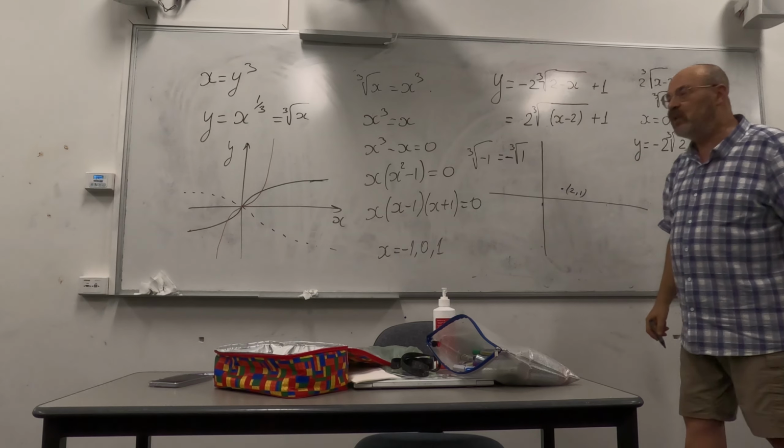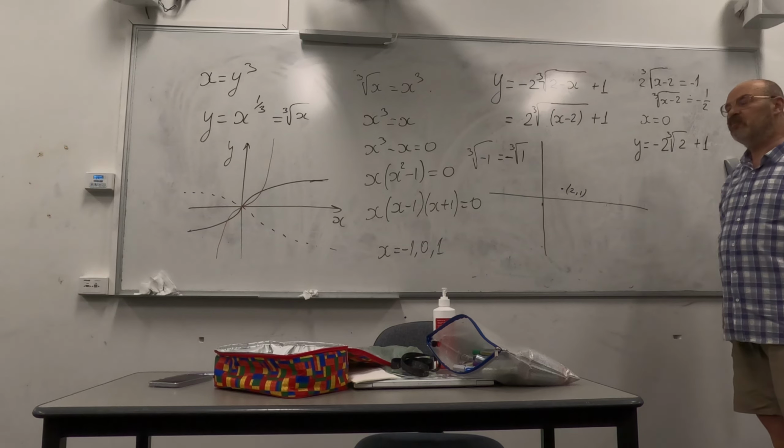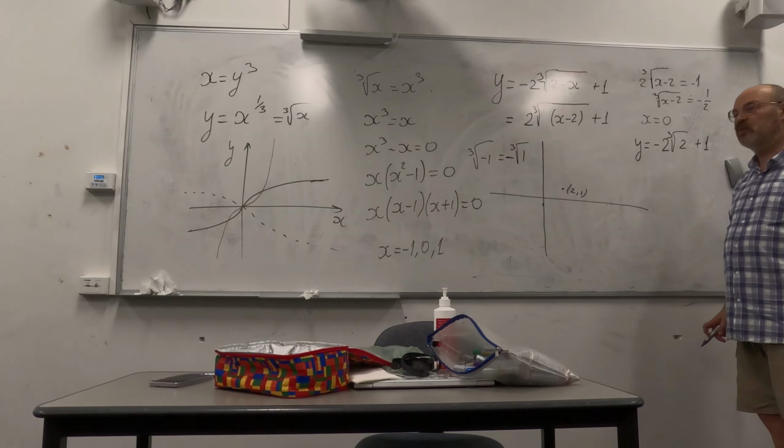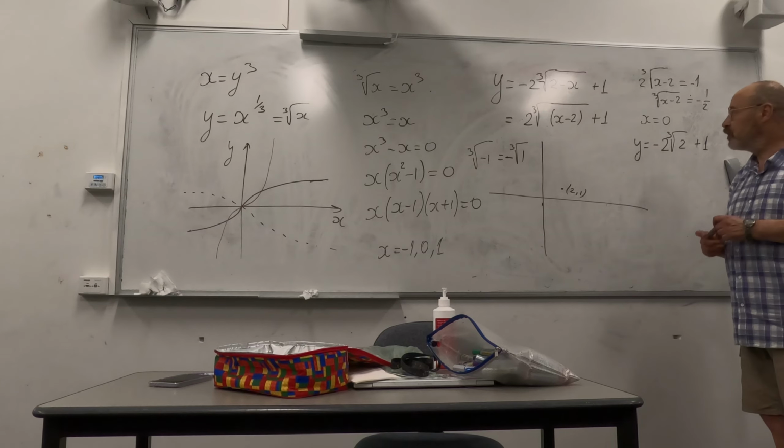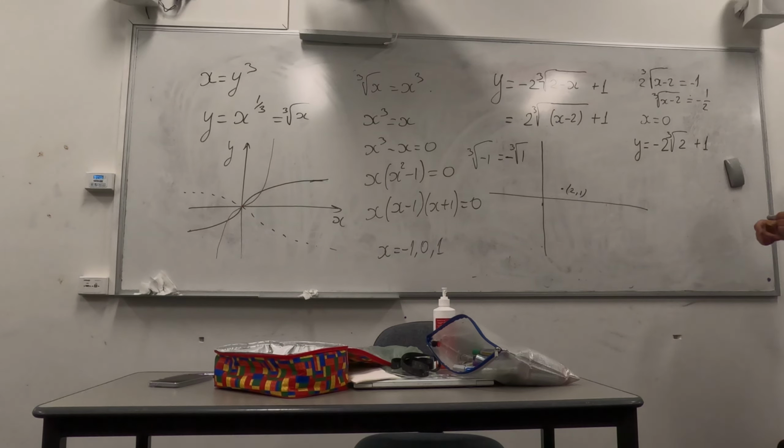When it's an odd power we can take that; we cannot do it with an even power. So x minus 2 equals negative 1/8, so x equals 2 minus 1/8, 15/8.